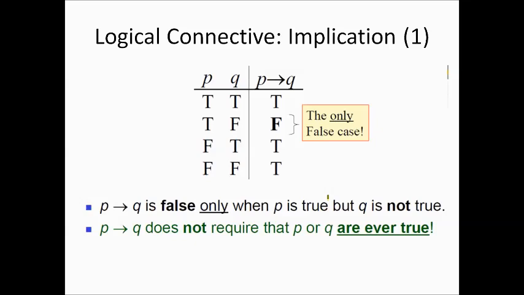This is the only one that will be false for the implication. False and true is true, and false and false is true. So remember that in implication, the only false case is true and false. P implies Q is false only when P is true but Q is not true.